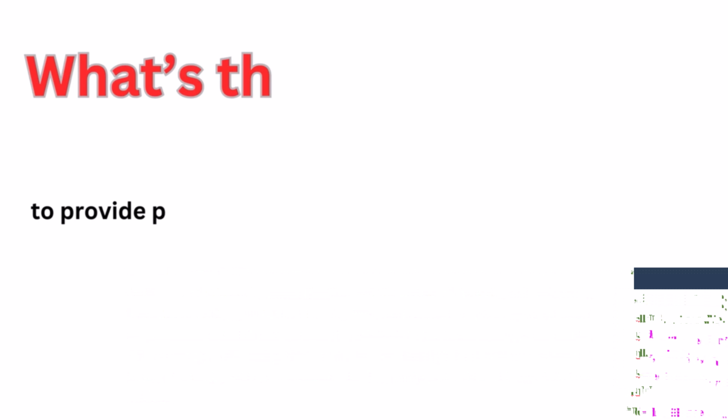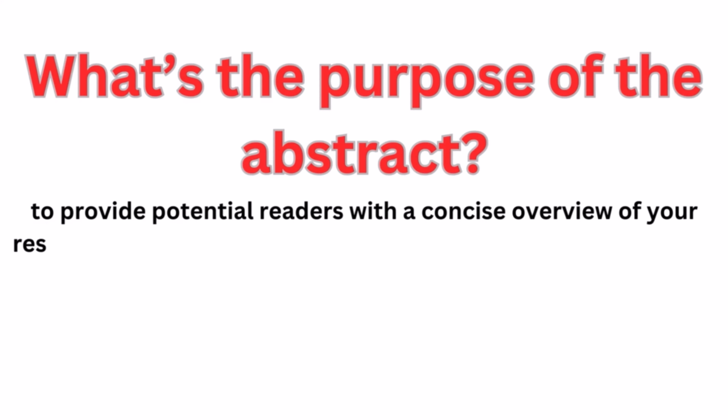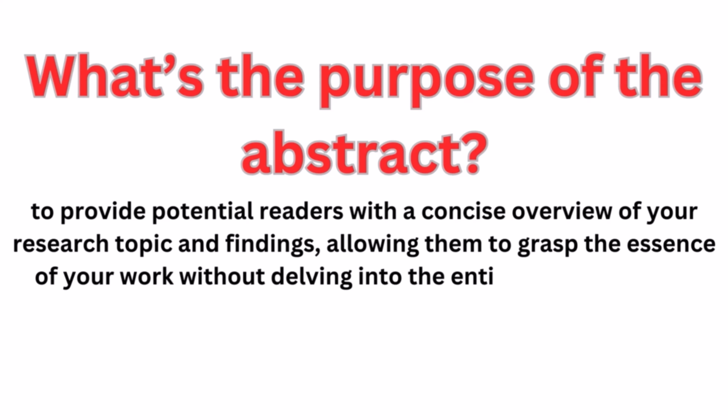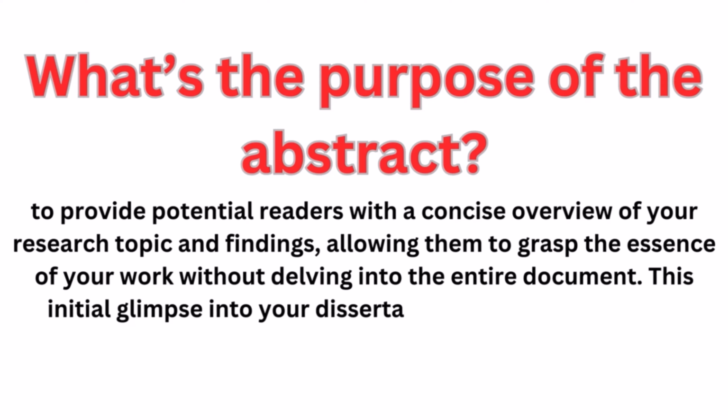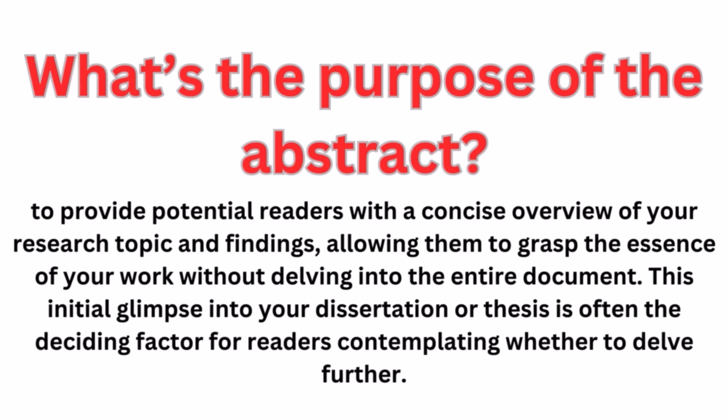Alright, what's the purpose of the abstract? The primary functions of a dissertation abstract are twofold. Its first goal is to provide potential readers with a concise overview of your research topic and findings, allowing them to grasp the essence of your work without delving into the entire document. This initial glimpse into your dissertation or thesis is often the deciding factor for readers contemplating whether to delve further.